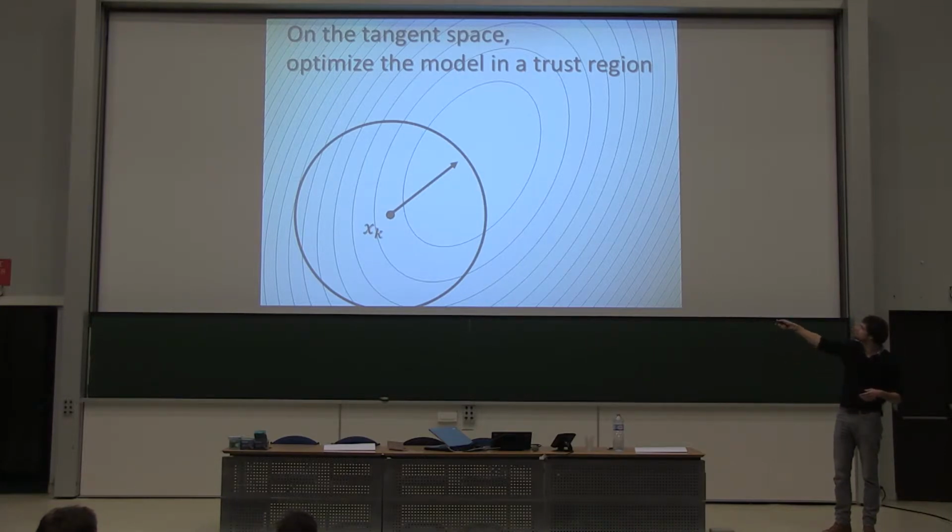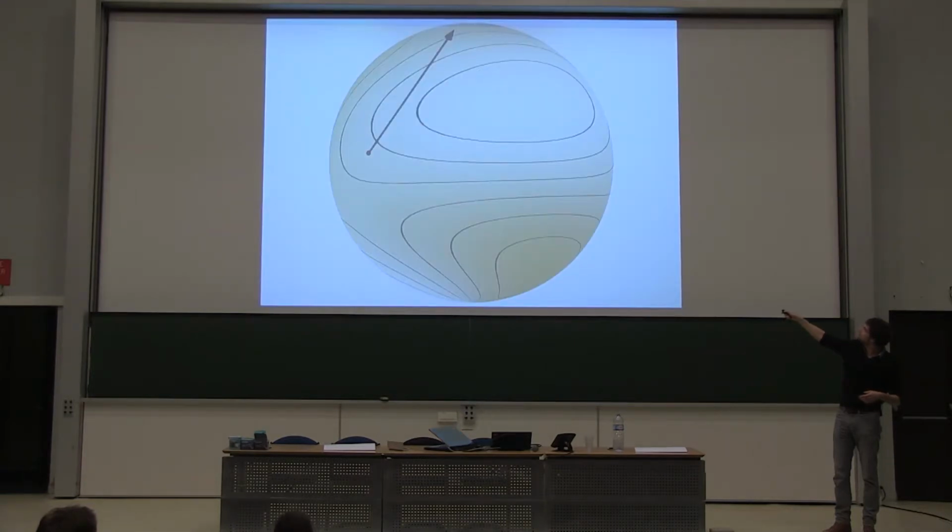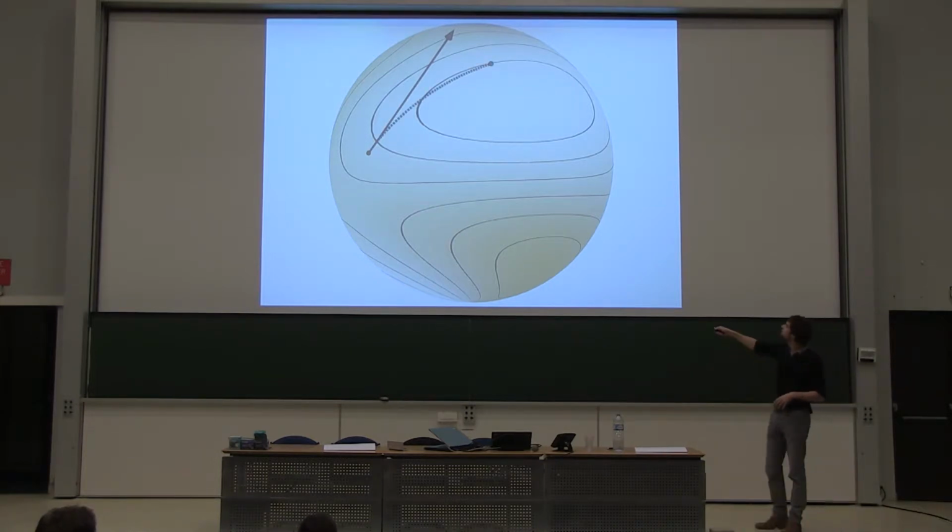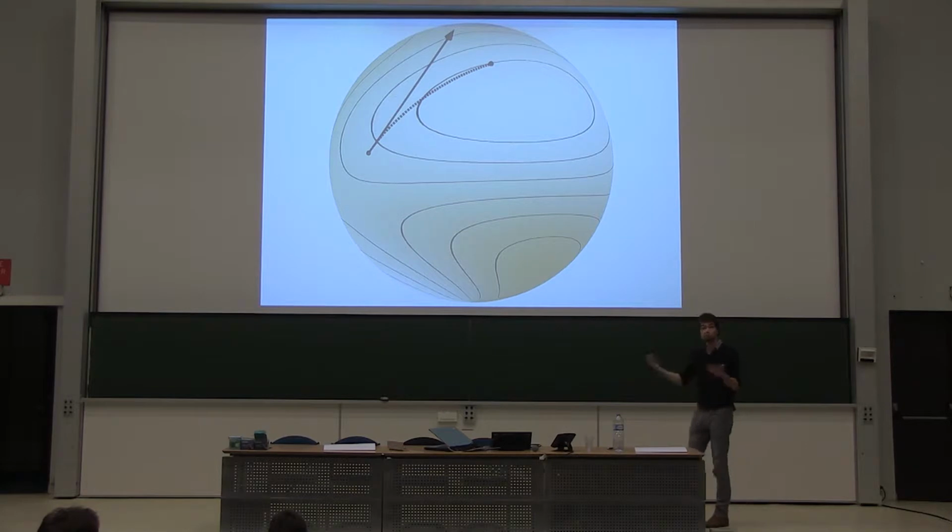This vector corresponds to a tangent vector to the manifold. And then how do I get my next point with this algorithm? I just follow this direction. I move away from my current point, following the direction that I just computed in the tangent space. This brings me to a new point on the manifold, and I can just iterate this. Under some conditions, this will converge indeed to a critical point.